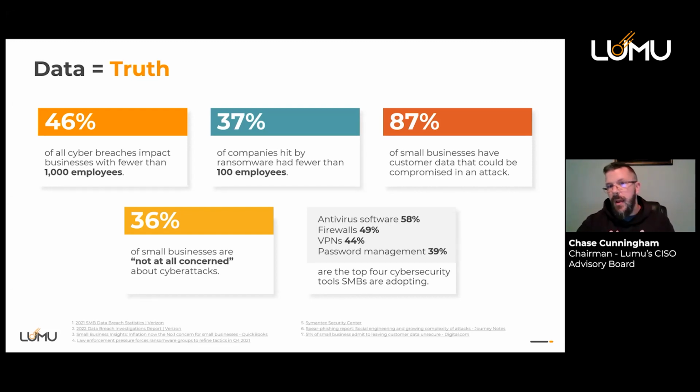The numbers matter. 46% of all breaches impact businesses with fewer than 1,000 employees. So that means nearly half of compromises impact businesses that have less than 1,000 people. It actually gets bigger as you get smaller, which is even more concerning. So small business is a viable attack vector, a vertical that the bad guys are after.